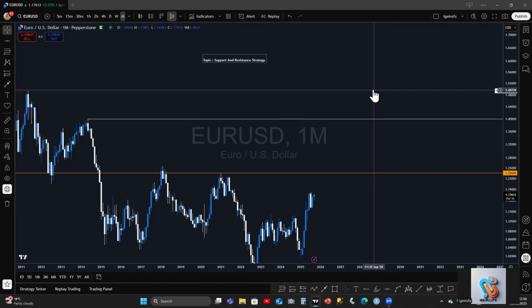So when we say stick to the higher time frame, most especially if you are a beginner, a newbie just coming into the system, please don't get yourself involved in trading from 5 minutes, 15 minutes, 3 minutes, 1 minute.